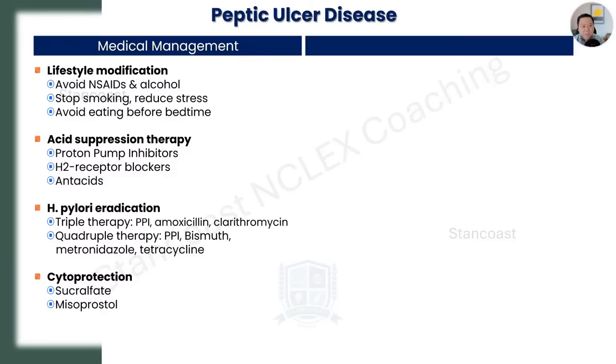Now, on the other hand, we have the surgical management for the peptic ulcer disease, and this can include the total gastrectomy, which is a form of last resort procedure, and this is performed when the entire stomach is severely affected by the ulcer disease or has significantly malignant changes.